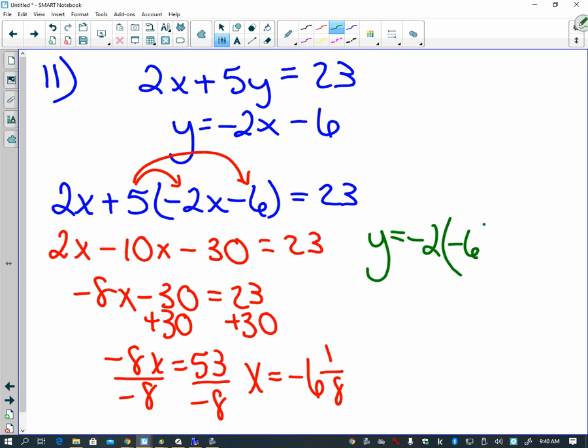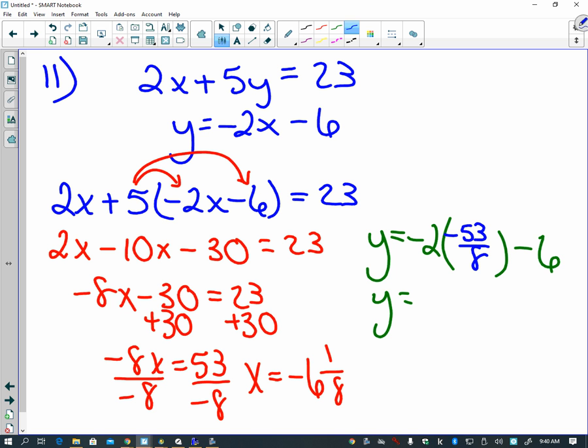Negative 6 and 1/8 minus 6. Okay, so y equals... It'd be easier to put it in as an improper fraction, which was what? Negative 53/8.